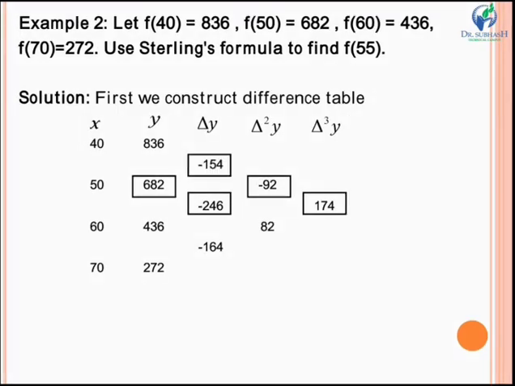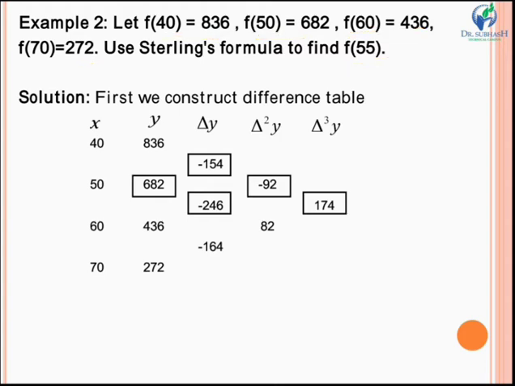Okay, our next question is: let f of 40 equal to 836, f of 50 equal to 682, f of 60 equal to 436, f of 70 equal to 272, and you have to find the value of f of 55 using Stirling's formula. Okay, so first we will construct the difference table.